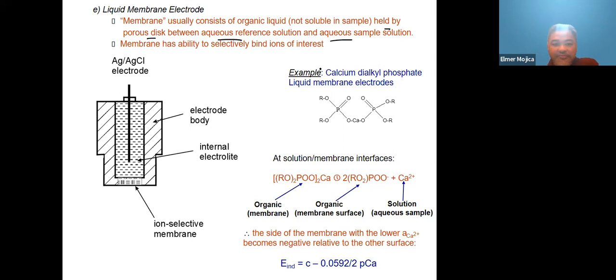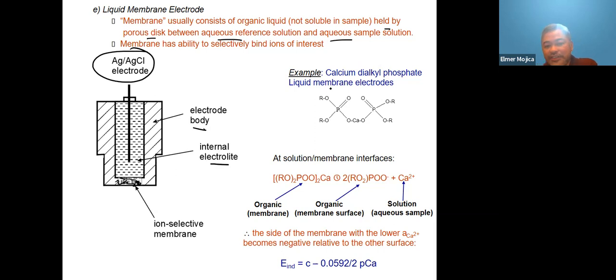Okay? So example na meron sila dito ay yung membrane electrode na nakakabit sa silver-silver chloride. So it has this electrode body, and then inside it they have this internal electrolyte. And this is where the ion selective membrane would go in.